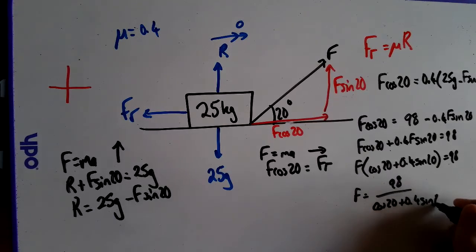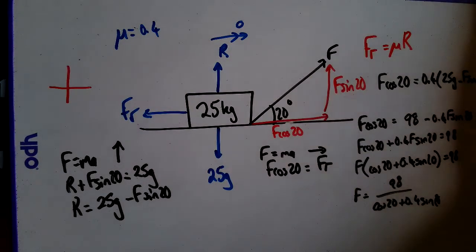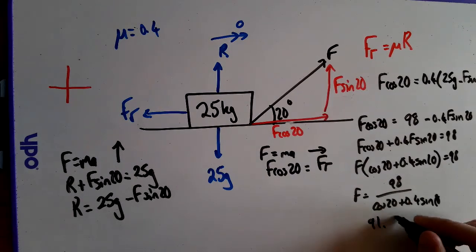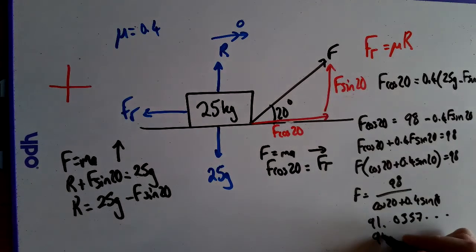Just type that in your calculator and let's see what we get. We should get 91.0357. But as we use G as 9.8, we need two significant figures, so 91 newtons.